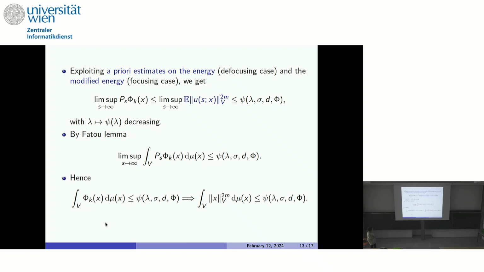And so we obtain this bound here for the approximating sequence, and since the sequence converges to the V norm to the power 2m, we derive the first bound.